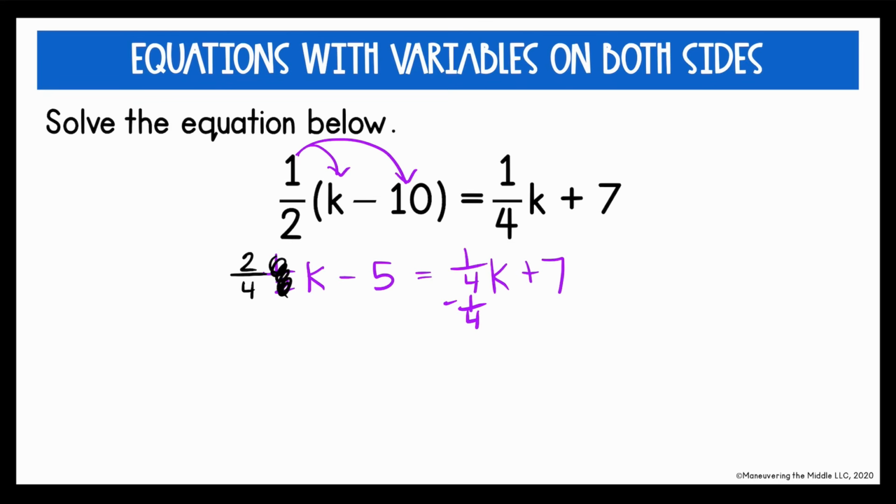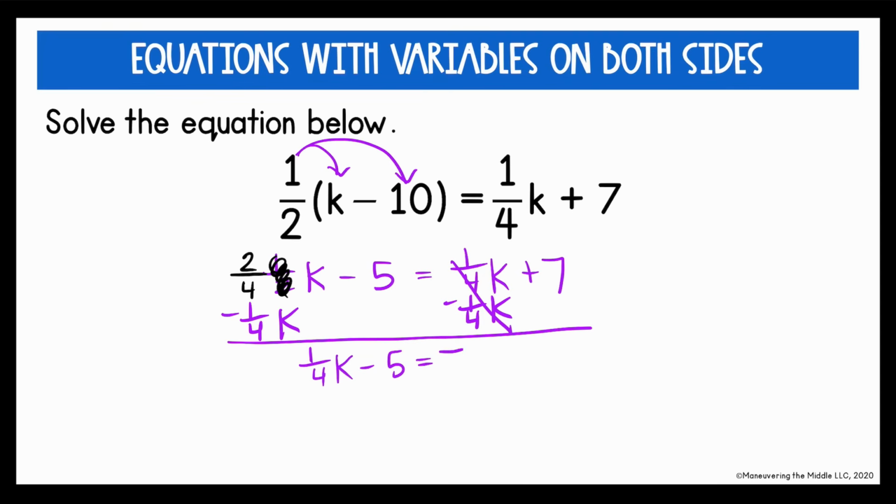I'm going to subtract 1/4 k from both sides. 2/4 minus 1/4 is 1/4. Now I can add 5 to both sides. That leaves us with 1/4 k equals 12.